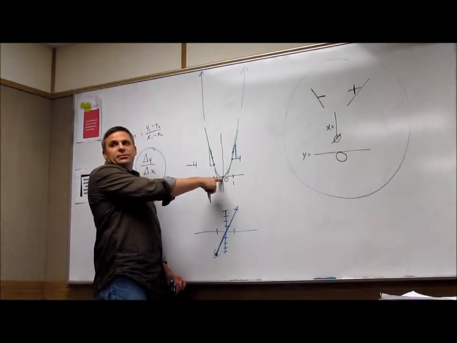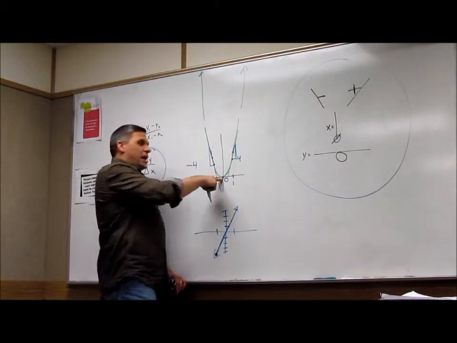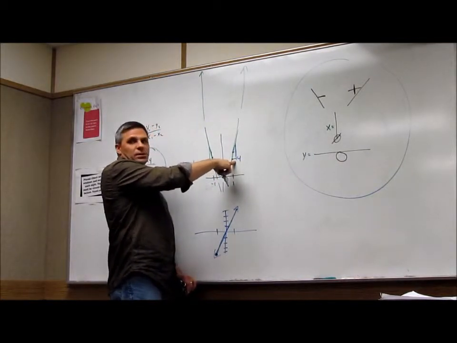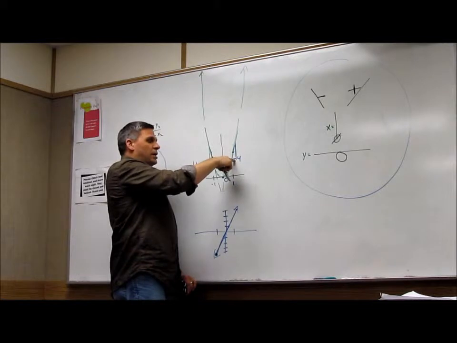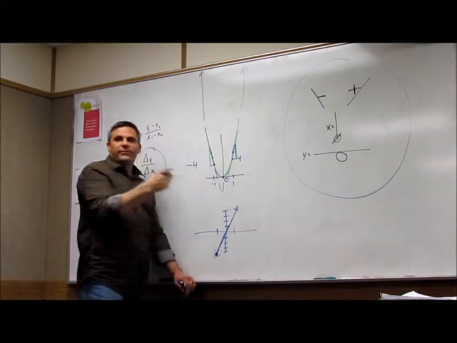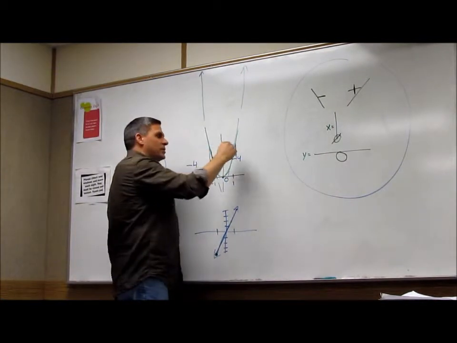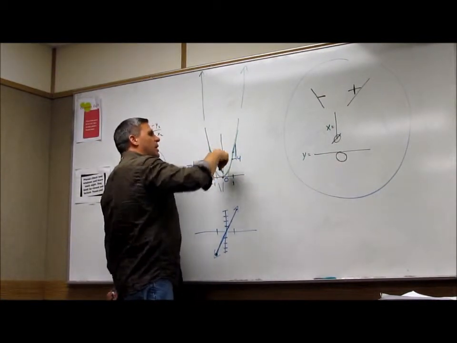and then at negative 1, there's another 4 slope here, 4 over 1, so we got a slope of 4.